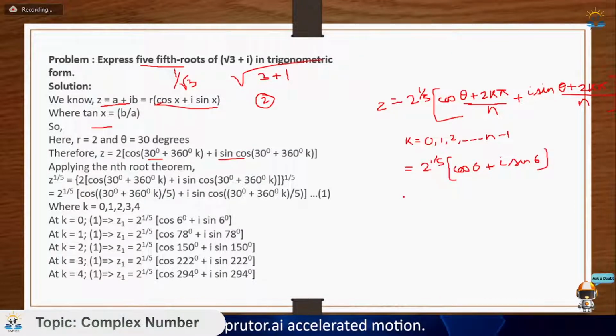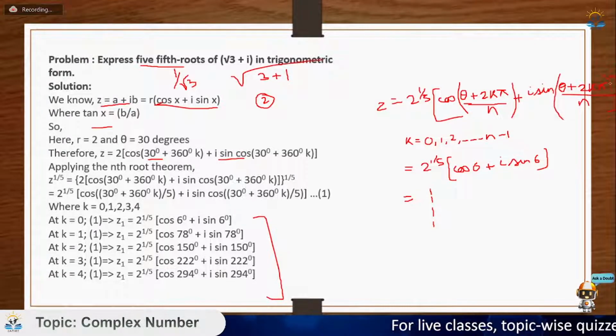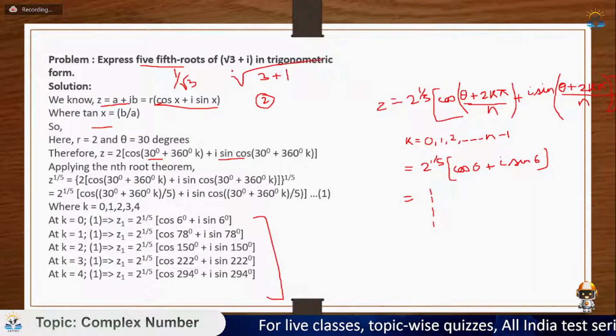Similarly, I will calculate the other roots by putting k as 0, 1, 2, 3, 4. n is fixed equal to 5, theta is 30 degrees, and k ranges from 0 to 4. You will get five different values of z, and those five values of z will be your five fifth roots of root 3 plus iota.